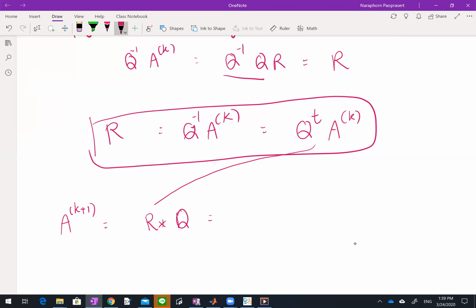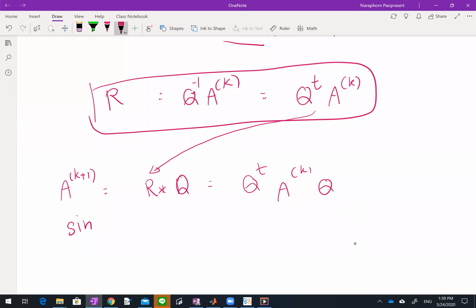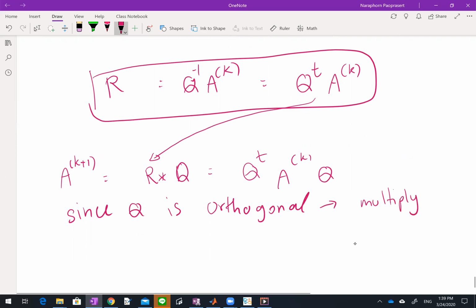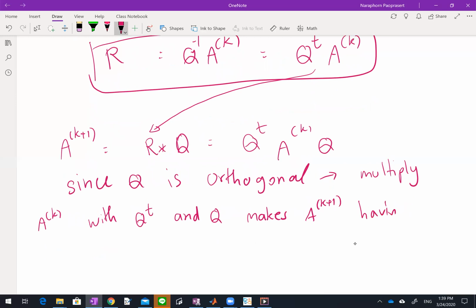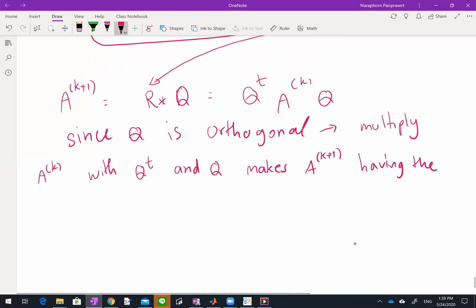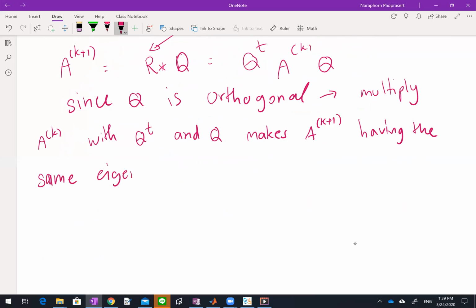And we say that R is just Q transpose A, so Q transpose Ak times Q. Since Q is orthogonal, multiplying Ak with Q transpose and Q makes Ak plus 1 have the same eigenvalues as Ak.